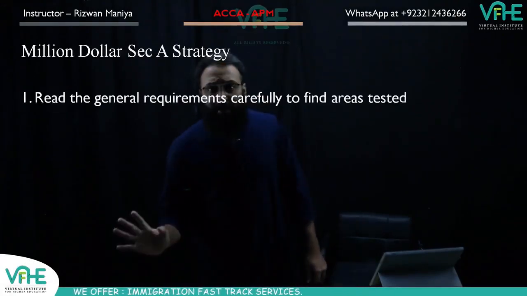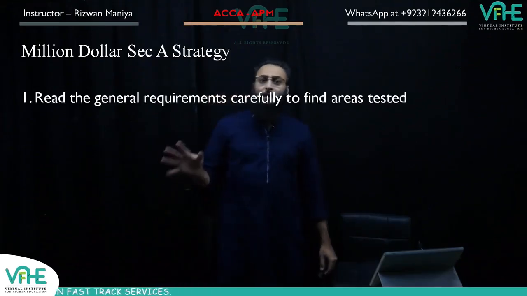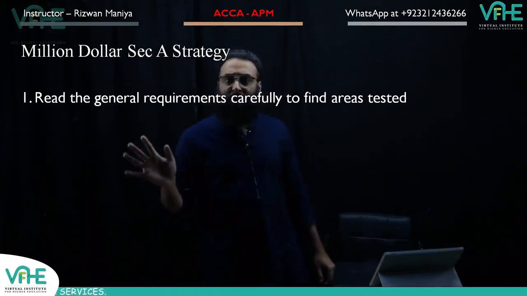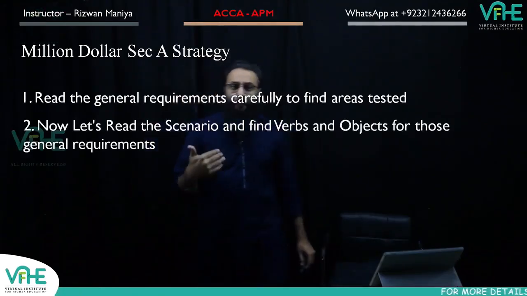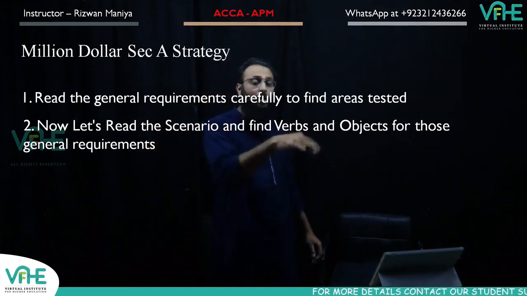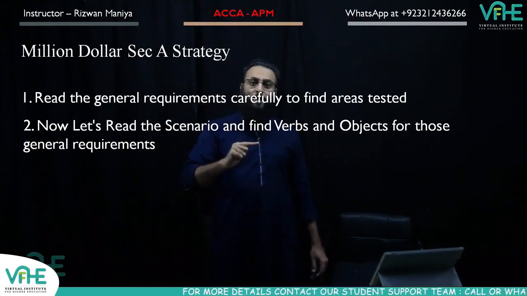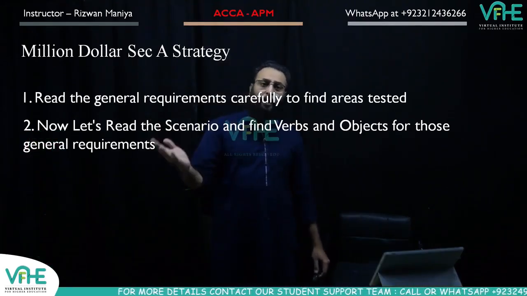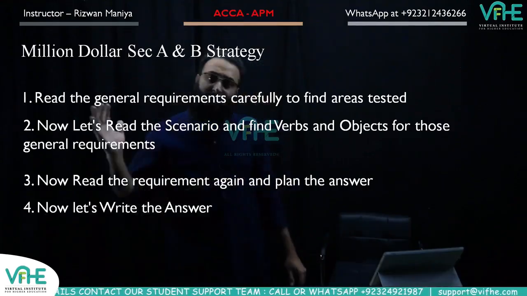$1 million strategy for section A. Read the general requirements carefully, find basic areas, go to the scenario. You have to find verbs and objects while reading the scenario. You can use 2 approaches: one is the exhibit-wise approach to solve the requirements, or read the complete scenario and then solve the requirements.